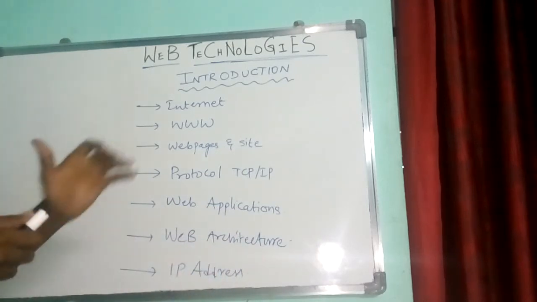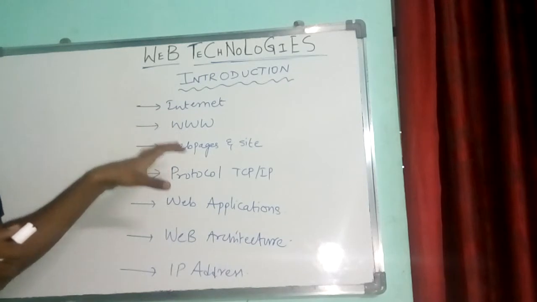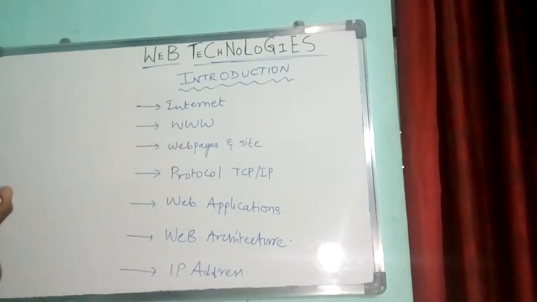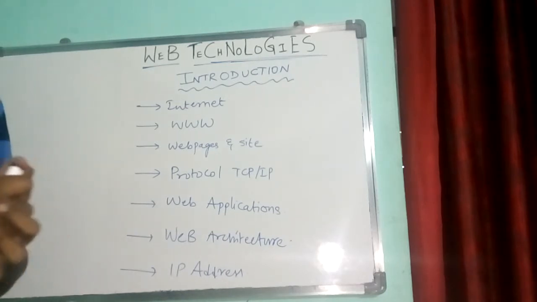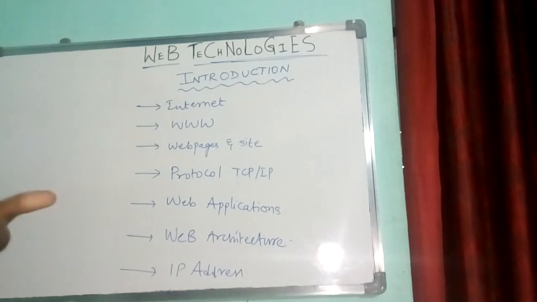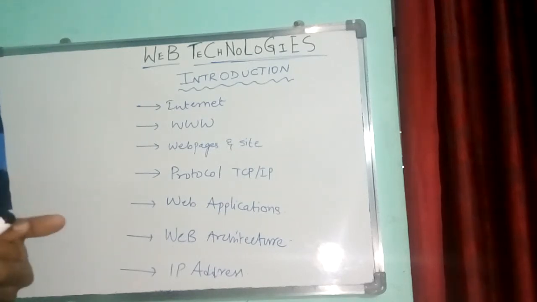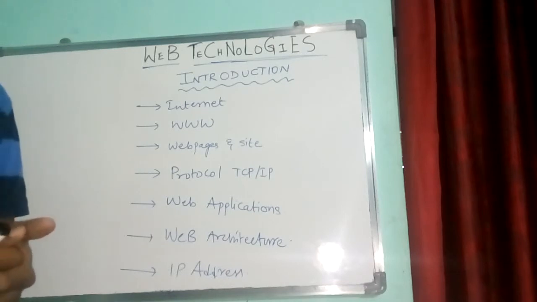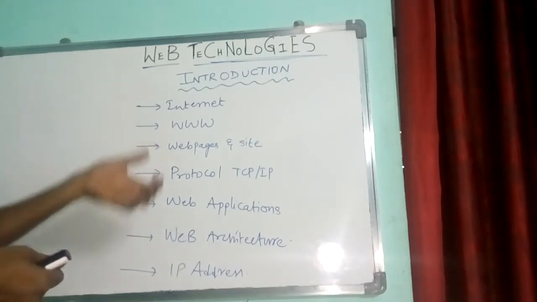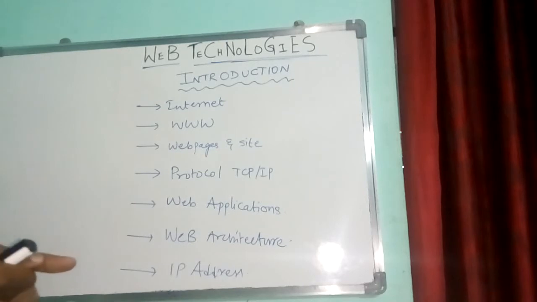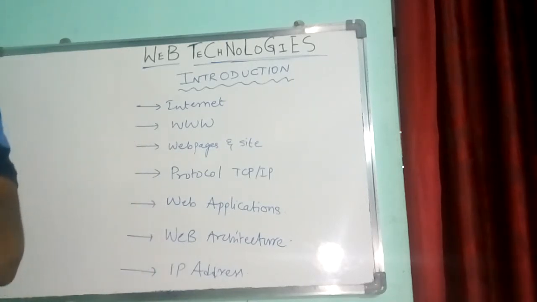These are the important things which we need to know before getting into HTML, because nowadays HTML has become the most popular language for creating web pages. In order to know HTML, these are the few concepts we need to know as basics, and why HTML has come into the picture.